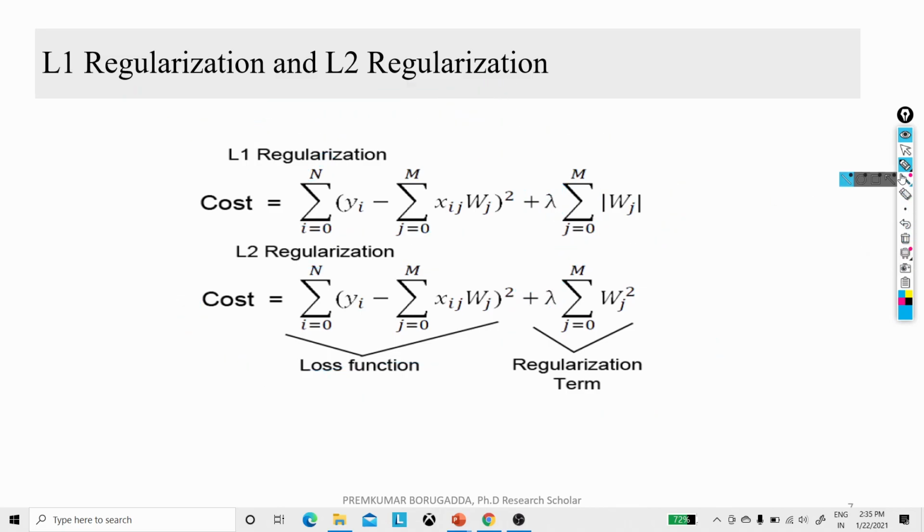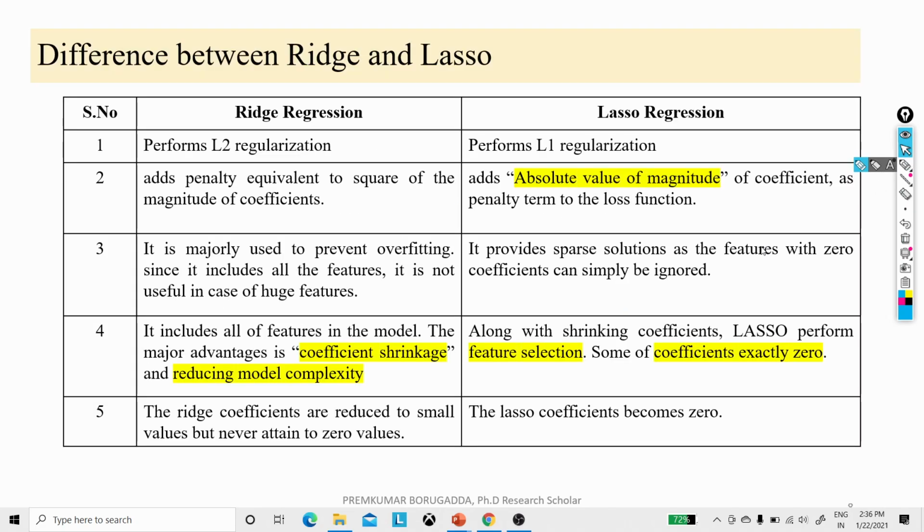So what is the main difference between lasso and ridge regression? Ridge performs the L2 regularization and adds a penalty equivalent to the square of the magnitude of the coefficients to the loss function.